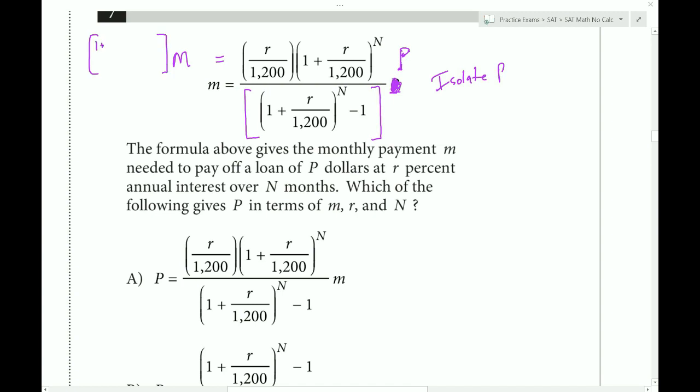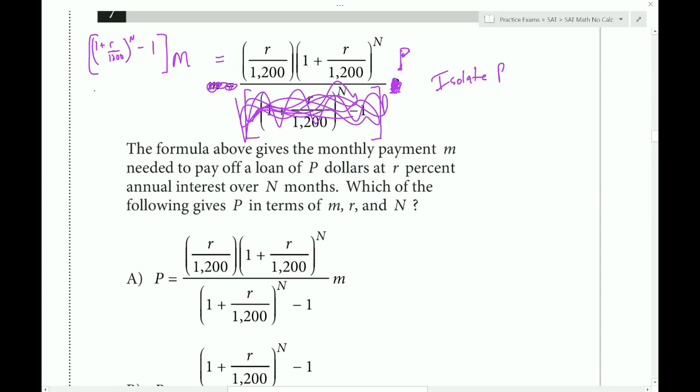I'll just rewrite everything that was there. R over 1200, and that goes to the power n. And then we minus 1. Okay, so now it's gone from here. So we could just disregard this piece. Next, we have to remove both of these factors from the numerator. And since they move diagonally, this is going to move down to the bottom.